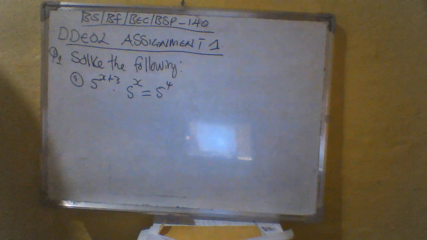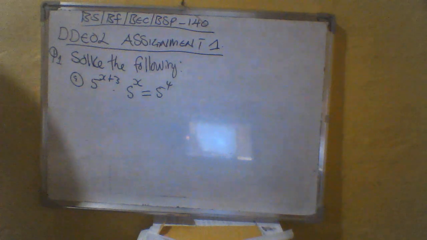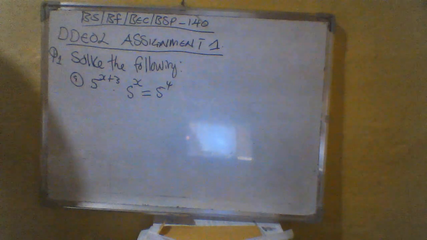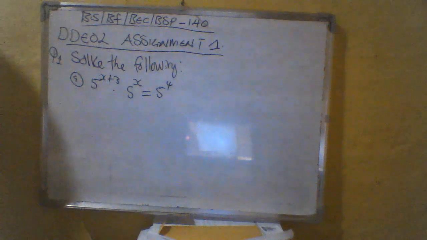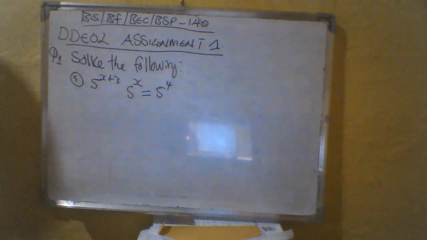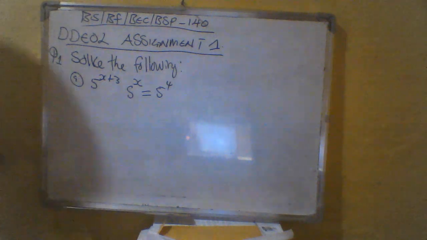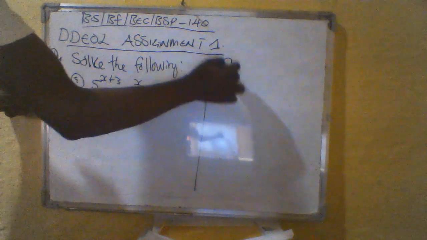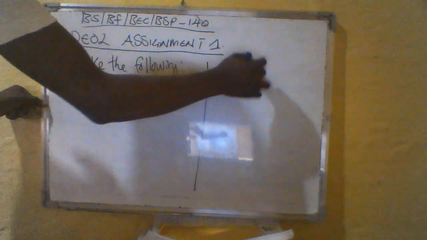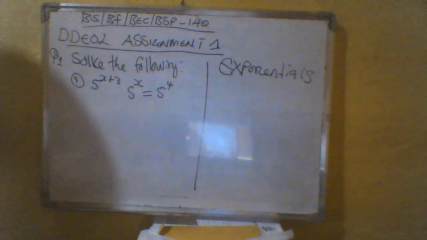There are a lot of different types of equations. I believe there are links where I talked about types of equations: quadratic, linear, absolute value, radical equations, etc. These are exponential types of equations. When we look at exponentials, this is a situation where we are trying to solve for x, where x is a power.